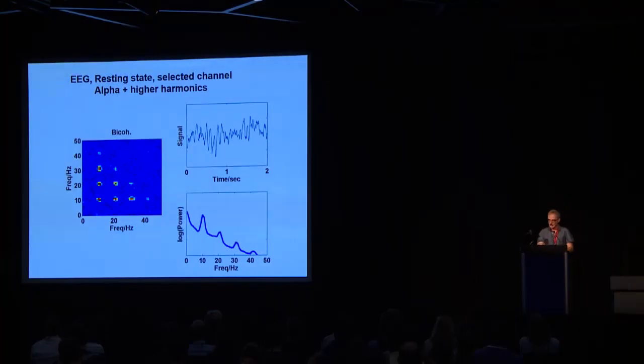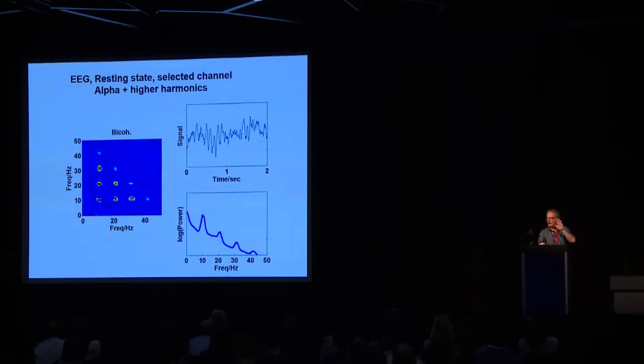But first of all, I'll show you a few results of what you would typically get. This is typically one channel, bicoherence as a function of 2 frequencies. What you can see very clearly in almost all subjects are these peaks, for example, at 10 hertz. 10 hertz would mean coupling between 10 and 20. 10-20 would mean coupling between 10, 20, and 30.